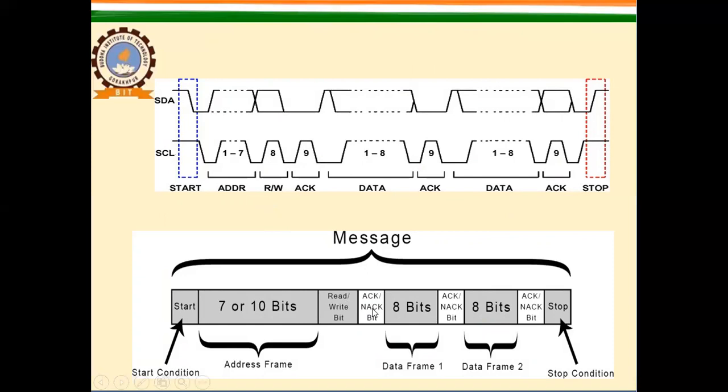You see here that first of all a 7 to 10 bit address is sent, then a read-write bit is sent to indicate whether data is transmitted from the master or read from the slave. And then once the slave recognizes that the address sent by the master is his address, a match with his address, that particular slave sends this acknowledgement.